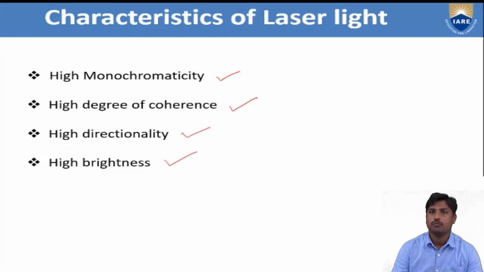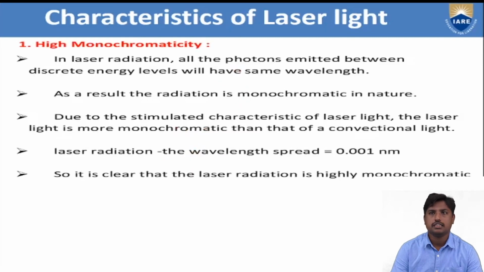Coming to high monochromaticity: in laser radiation, all the photons emitted between the discrete energy levels have the same wavelength and the same phase. As a result, the radiation is monochromatic in nature, due to the stimulated characteristics of laser light.